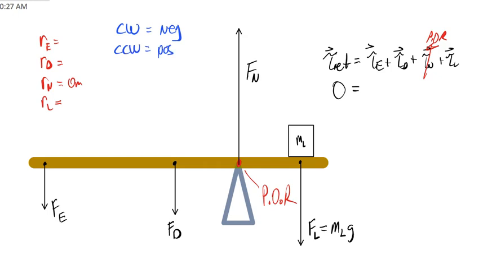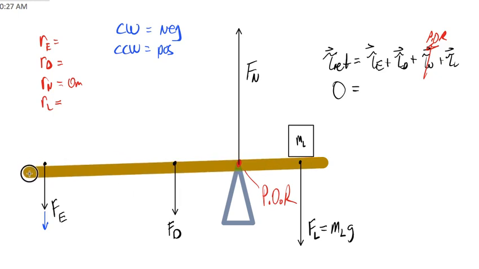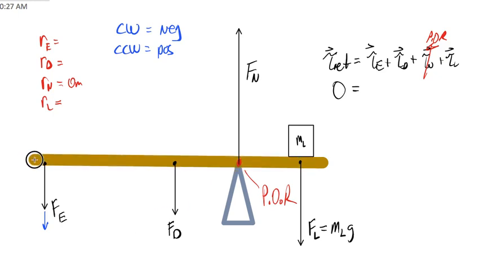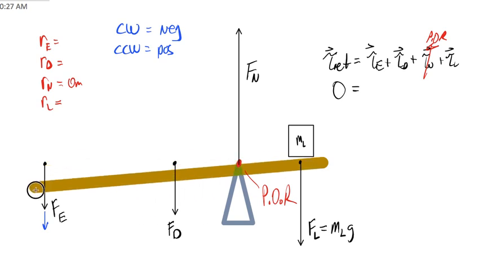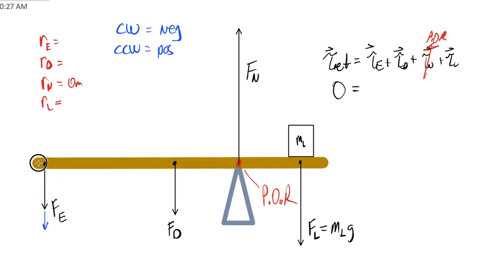So when we take a look at FE here, FE is pulling it down in this direction, which means that this bar wants to rotate this way, which is going to be the counterclockwise direction in this particular case, right? Because it would go in the direction opposite to the way a clock goes.